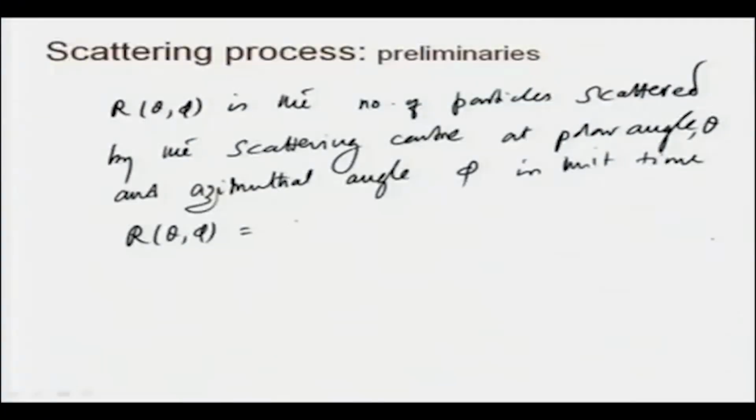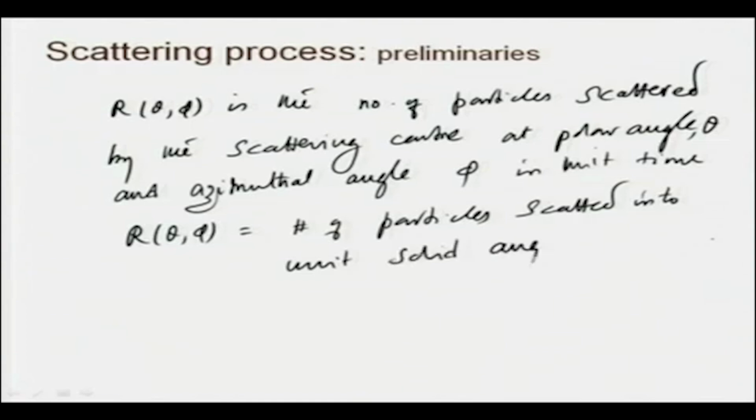In another way, R(theta, phi) is equal to the number of particles scattered into unit solid angle around theta, phi. Fine. Now, we can ask a question: what is the rate of particles which are received into angle d omega? The d omega, let us say, is the solid angle defined by the detector.